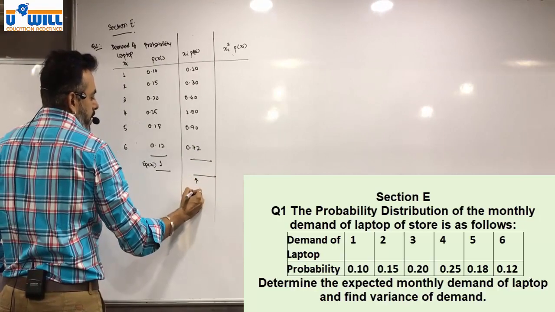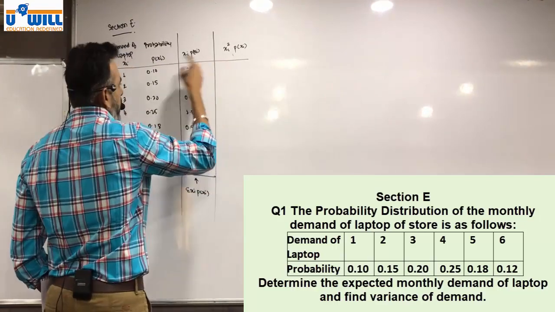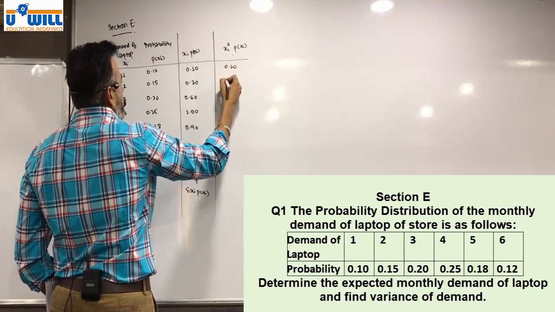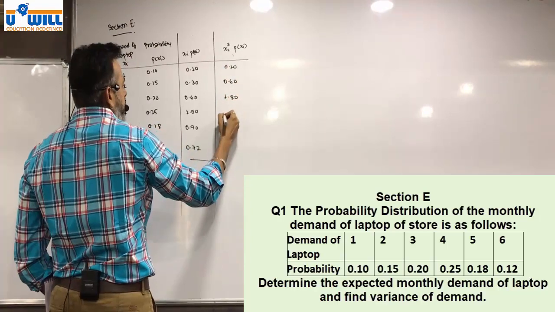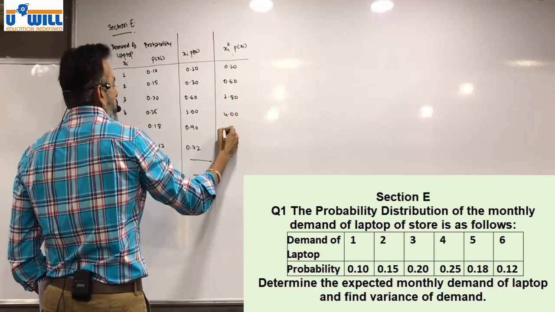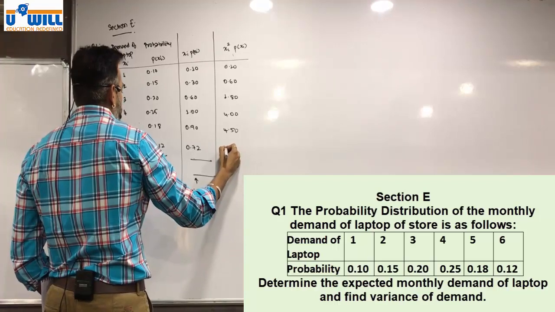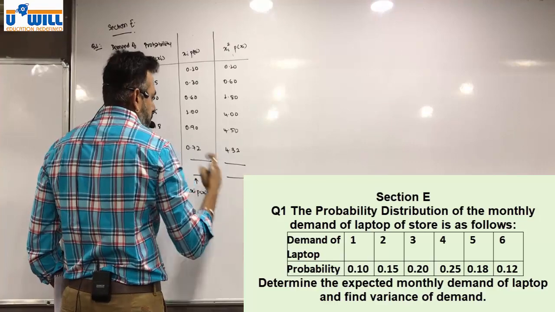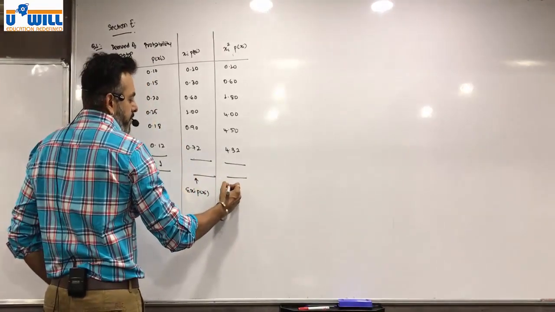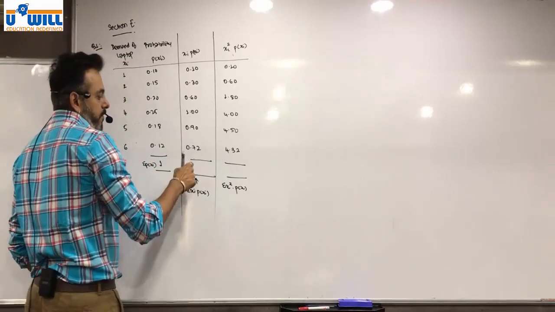This is sigma Xi P of Xi. Then multiply again by Xi: 0.10, 0.60, 1.80, 4.00, 4.50, 4.32, total. This is sigma X square into P of X. What's the total over here?